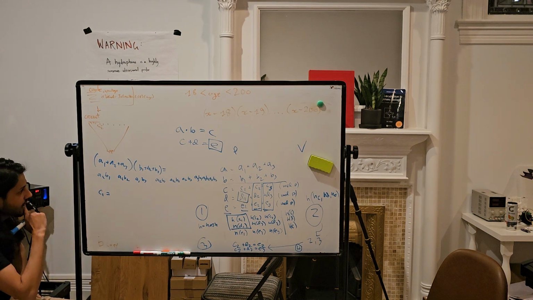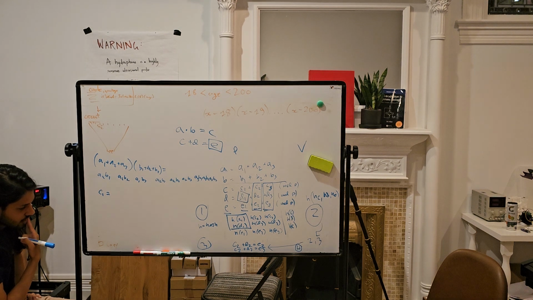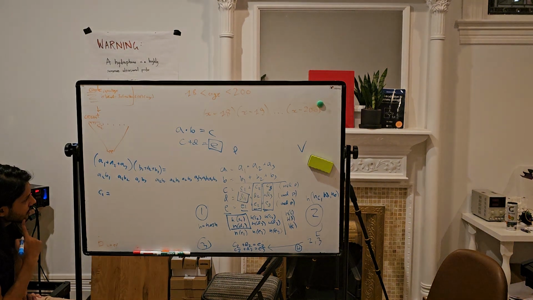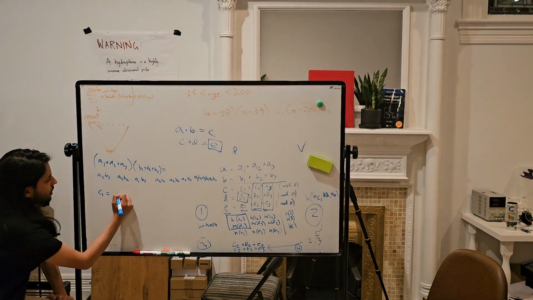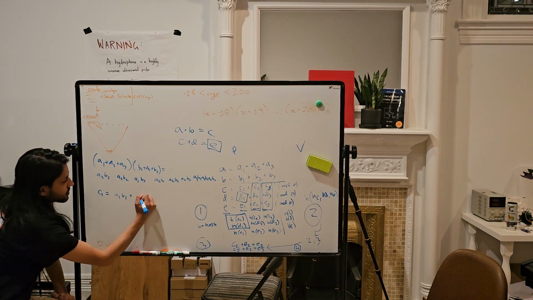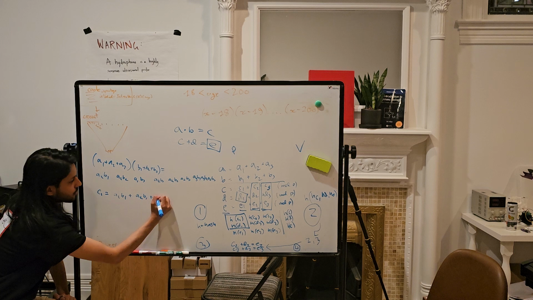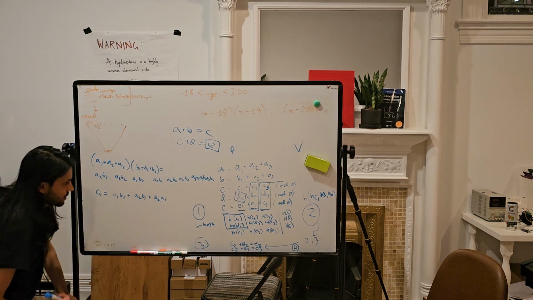Specifically, I think each one is going to have 3 cross terms. So I think we're going to take C1 equals A1 B1 plus A2 B1 plus B2 A1.